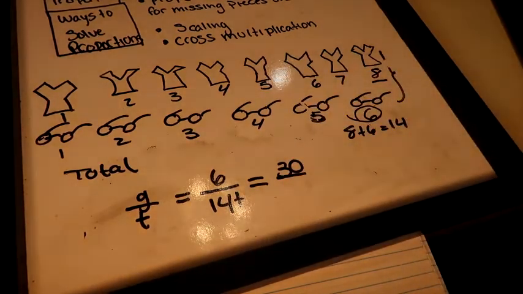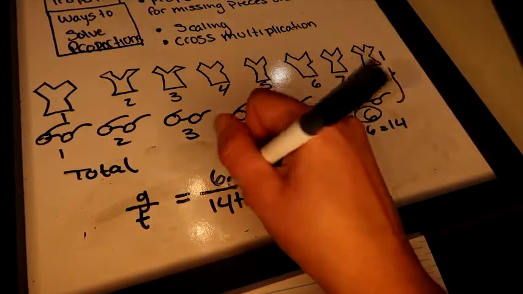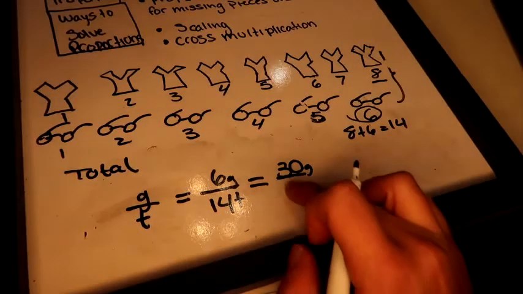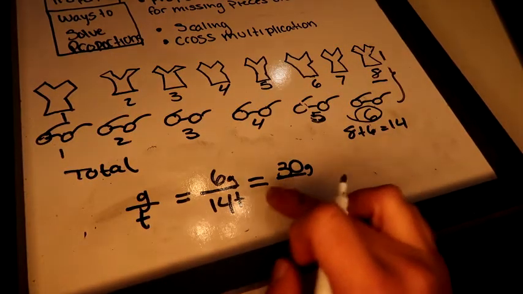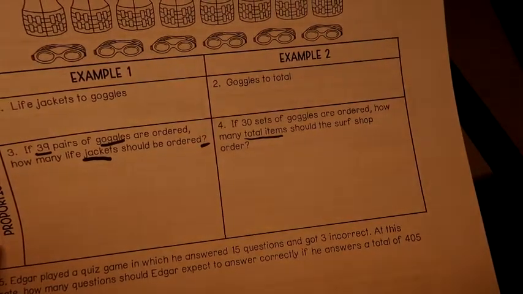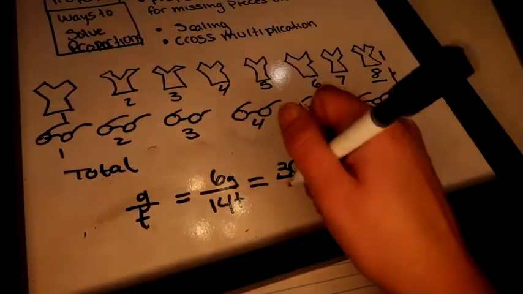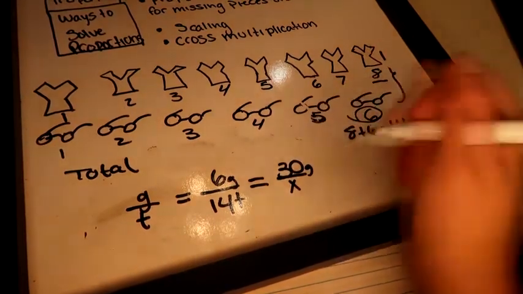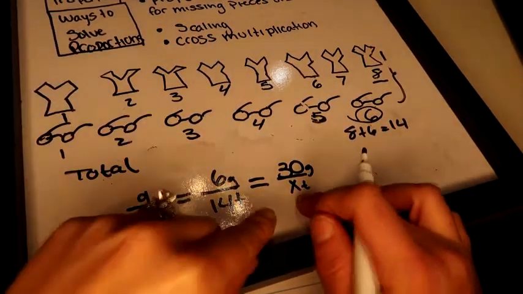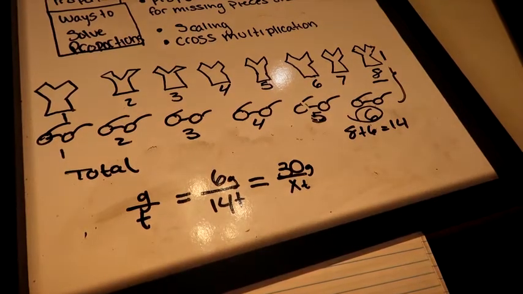And some of you right now are asking me, Mrs. Neubauer, where did you get that 30? Right here. If 30 sets of goggles are ordered, how many total items should the surf shop order? Well, we don't know what T is going to equal now, or X.